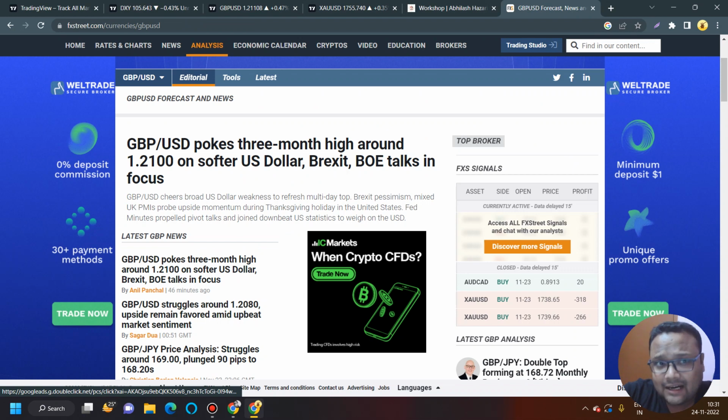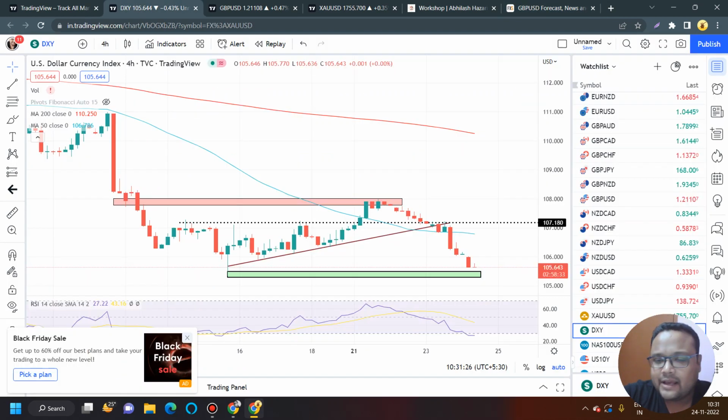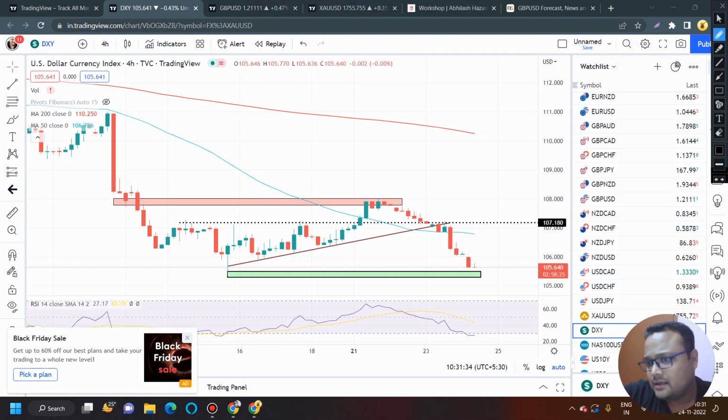So this is an article from fxstreet.com. You can see GBP USD pokes 3-month high around 1.2100 on softer US dollar, Brexit, BOE talks in focus. And if you look at a chart of dollar, you can see dollar looks very weak. Yesterday, when I was recording my earlier video, it was standing around here.